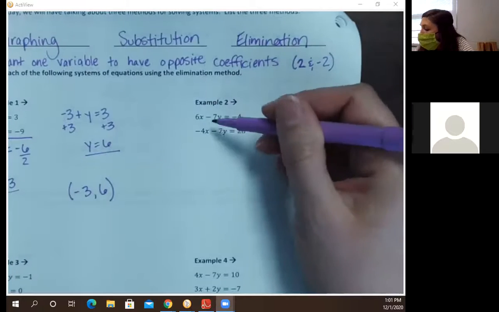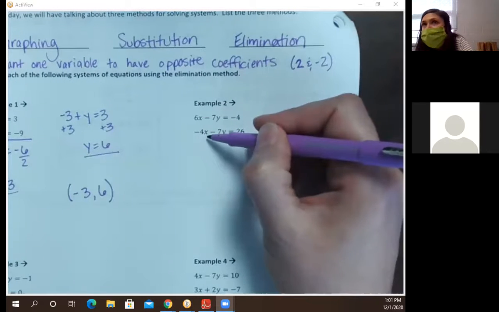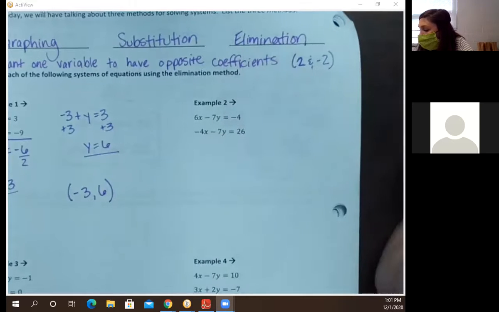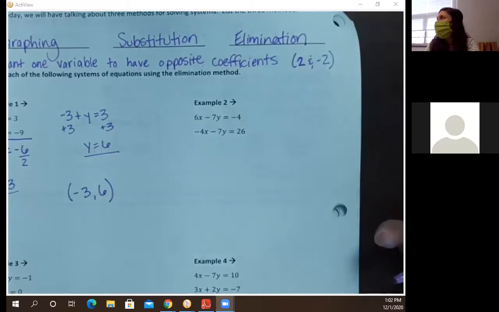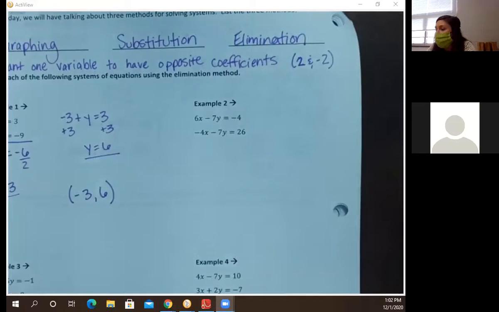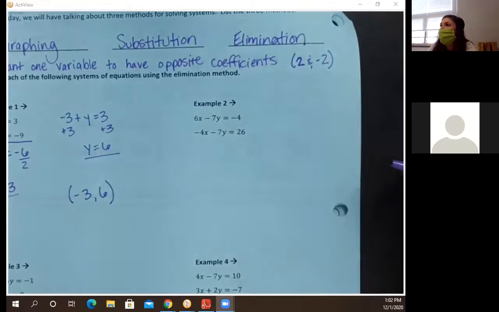If I take a look at my system here, I've got 6x and -4x, and then we've got -7y and -7y. So I don't have opposite coefficients for either of these variables, but the y's are pretty close, right? They at least have the same number. They're not opposite signs, but they're pretty close.